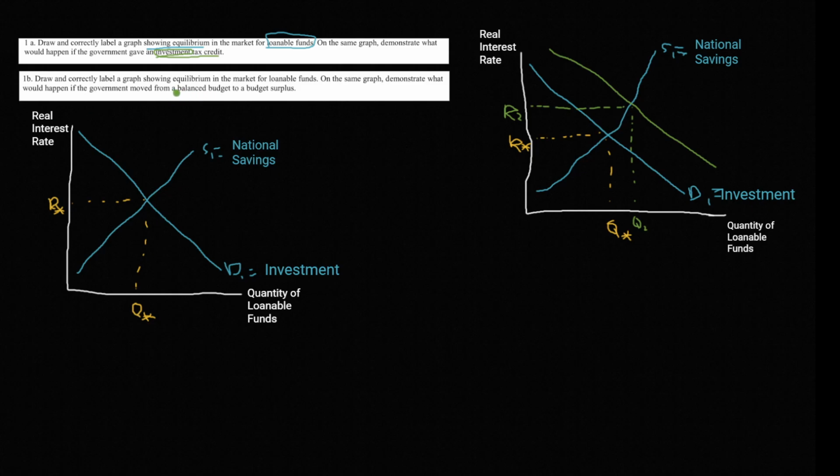So let's see here. If the government moved from a balanced budget to a budget surplus, we know we're going to be looking at the supply curve, because the budget surplus is a measure of government savings. We know that national savings is equal to the private savings plus the public savings.